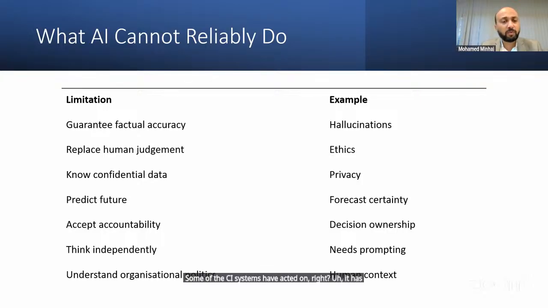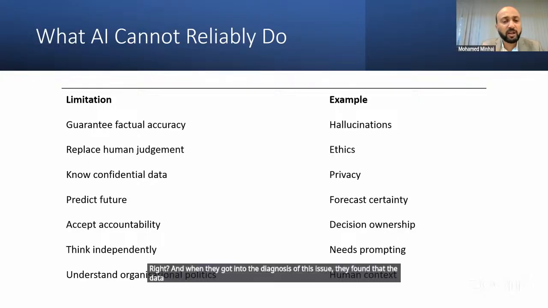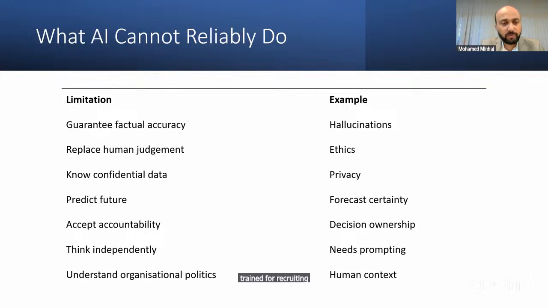It has been reported that a recruitment system was biased towards men. And when they got into the diagnosis of this issue, they found that the data was not sufficiently trained for recruiting female candidates. So the system had learned well to understand the profiles of men.